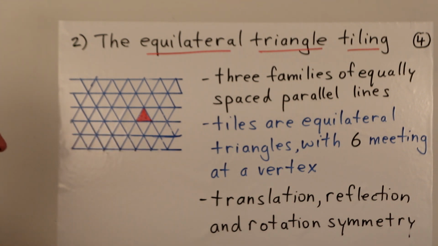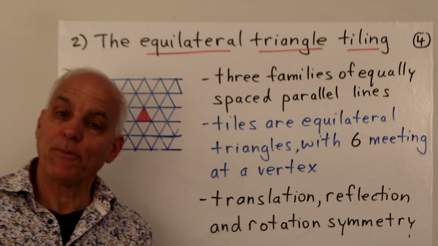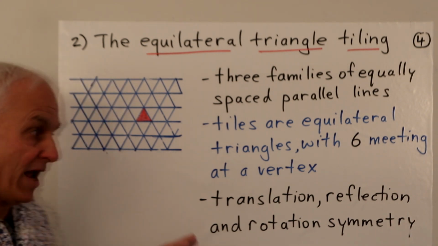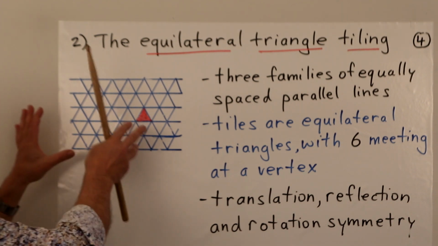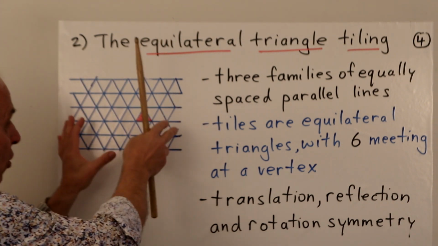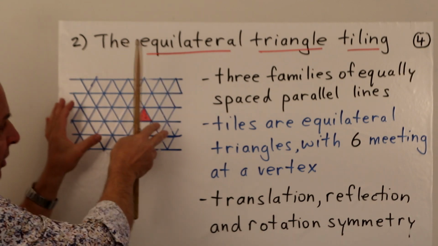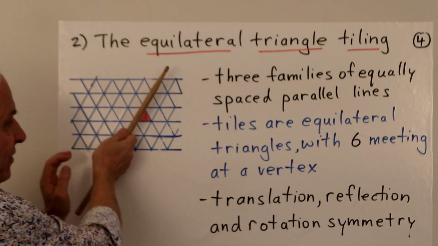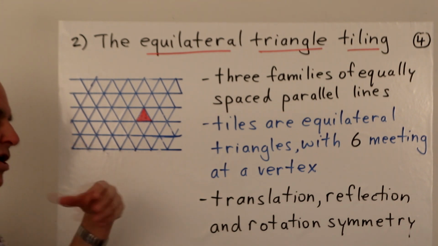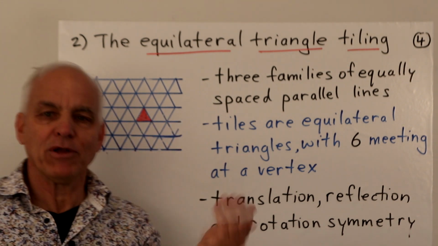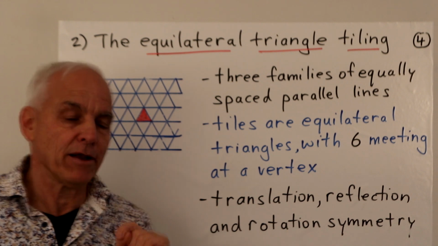And here also, as before, there are various types of symmetries. There's a translation symmetry. Actually, there's quite a lot of translation symmetries because we can move things in this direction, or we can also move things up. We can also move things along these diagonals appropriately. There's quite a lot of symmetry, but it's a different kind of family of symmetries than in the square tiling.